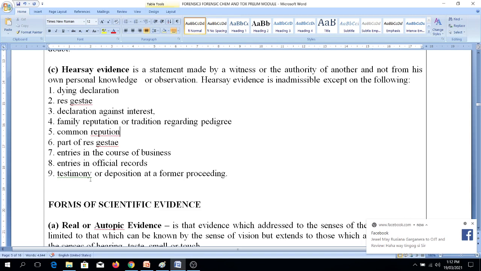Entries in the official records, then testimony or deposition at a former proceeding. So these are examples of hearsay that are admissible as evidence in court. Alright? Pero kana maingon imong silingan, nga niingon si silingan A, nga bahog ilog si silingan B. That will not fall as admissible evidence in court. Alright?